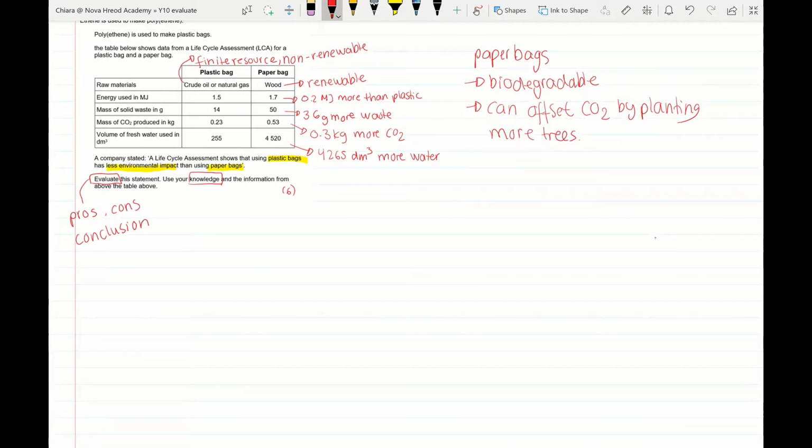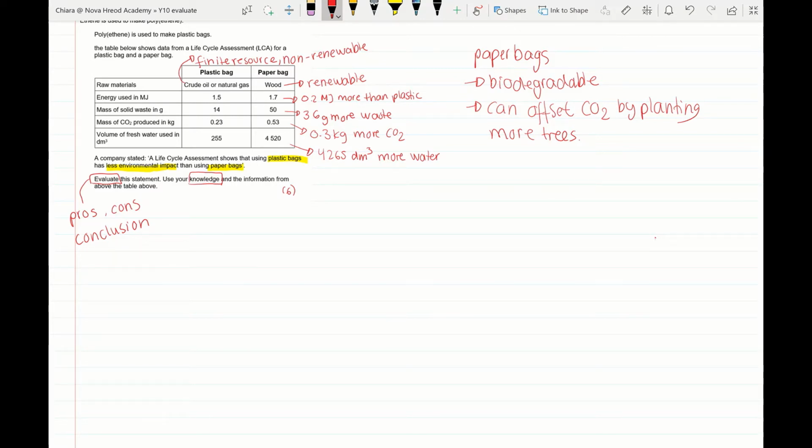Okay, so using all of this information, I'm going to start writing my 6-mark answer. So obviously, again, this is an evaluate question. So we want to talk about the pros and cons of both plastic bags and paper bags and compare them.